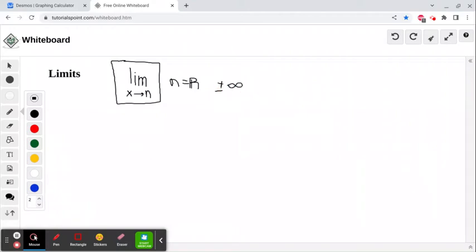And if you start thinking about the idea of a limit, the x value getting closer and closer to positive or negative infinity, you might recall back to Algebra 1 or maybe Algebra 2, depending on where you're from, the idea of end behavior.